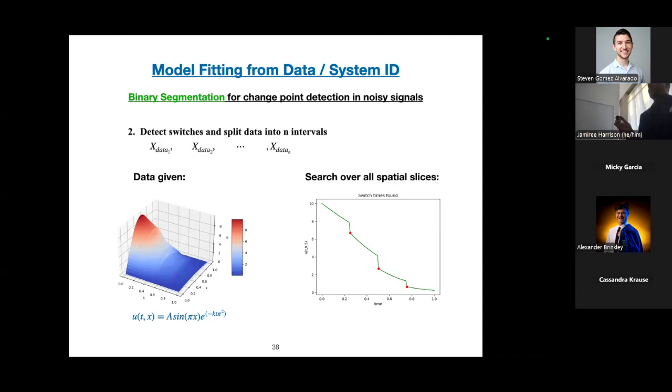Once you define a switch detection algorithm in the framework that we defined, that algorithm requires you to define a cost function in order to detect the switches. Also, switch detection algorithms in general are made just to detect general switches in signals, but I've adapted them in a modular way. That way, if you give me the switch detection algorithm, I can search over all states of your observables and detect switches across those states.